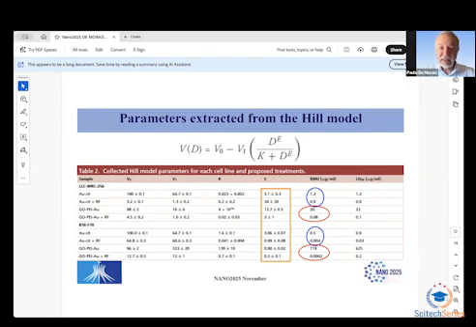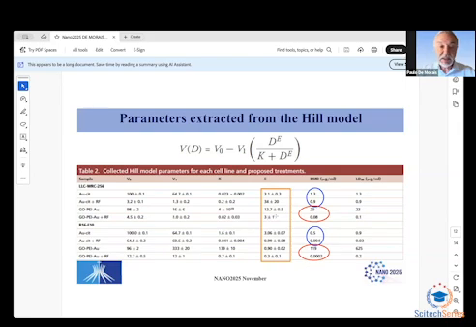If you look at the Hill exponent here, just to remind you, the upper part of this table has to do with the Walker cell line, and the lower part of this table is the second cell line we used, the B16F10.